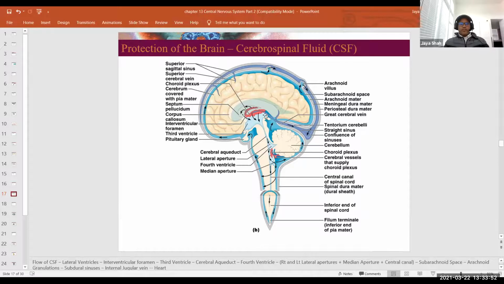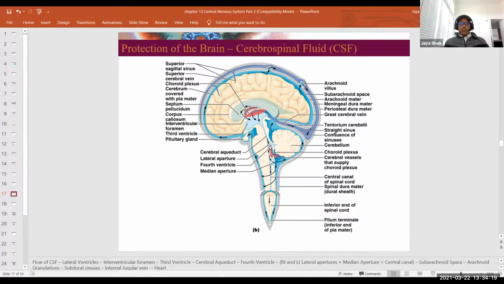Then it comes into the third ventricle. Through here, it passes through the cerebral aqueduct, then it comes to the fourth ventricle. See, the fourth ventricle. From the fourth ventricle, you have the lateral aperture. It is the right lateral aperture; the left has been already removed in this diagram.